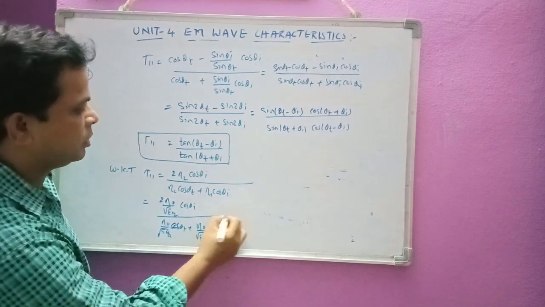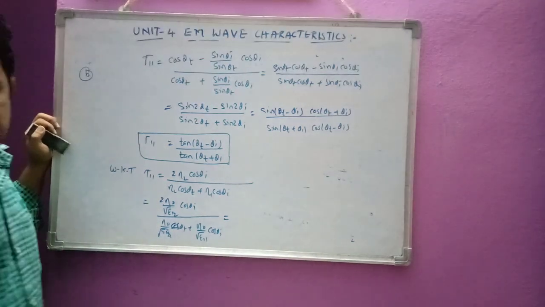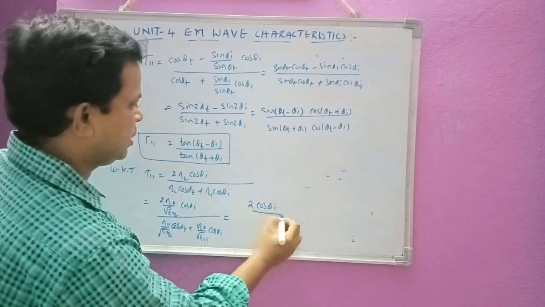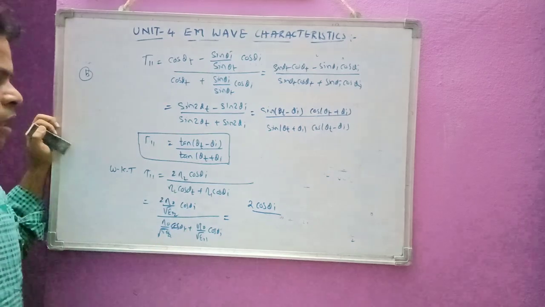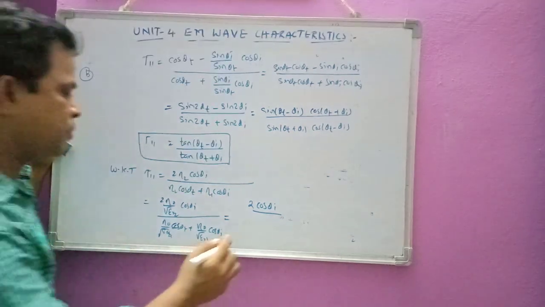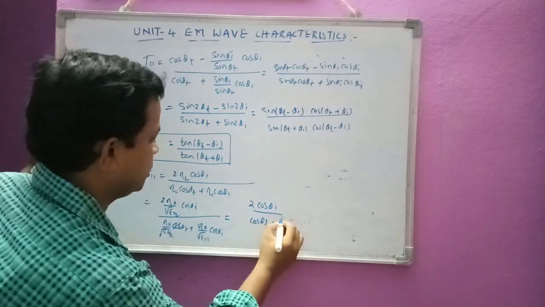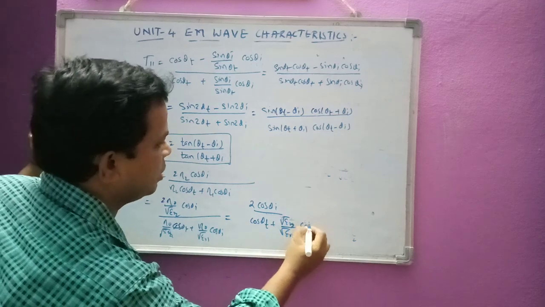If I take the LCM, the eta naught will be cancelling and it changes to 2 cos θi by, if I divide and multiply this equation with square root of epsilon r2, cos θt plus square root of epsilon r2 by square root of epsilon r1 into cos θi.